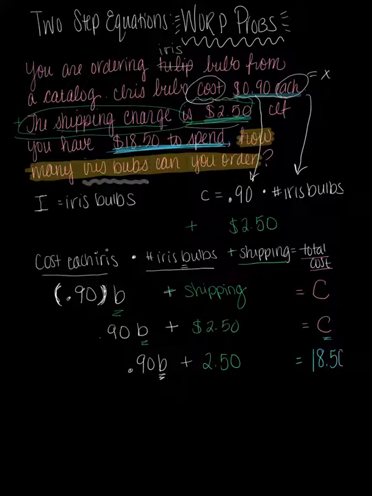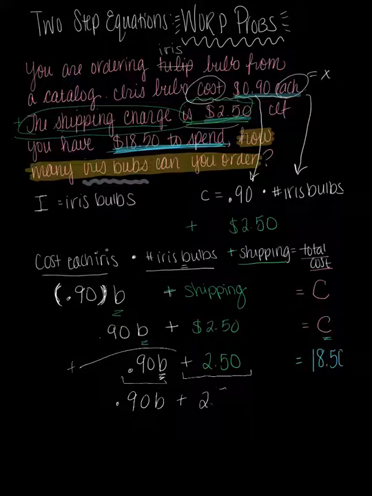Okay, welcome back. First thing, I hope you recognize you have to deal with addition before you can deal with multiplication. So the opposite of addition is subtraction. So I'm going to end up subtracting $2.50 from both sides.